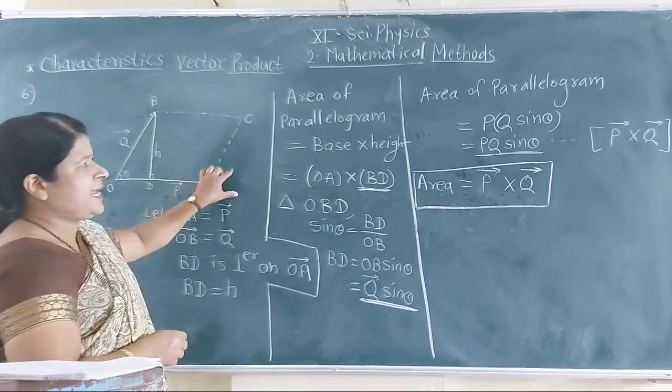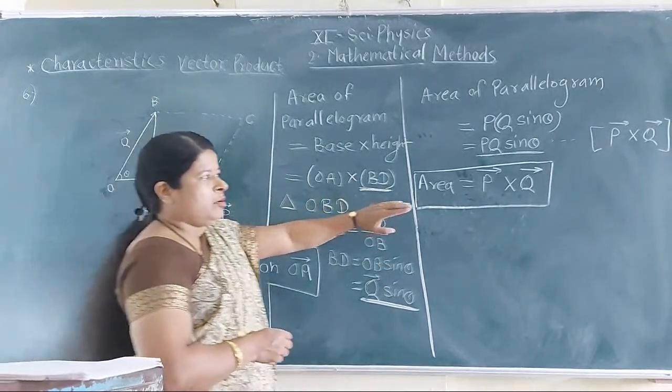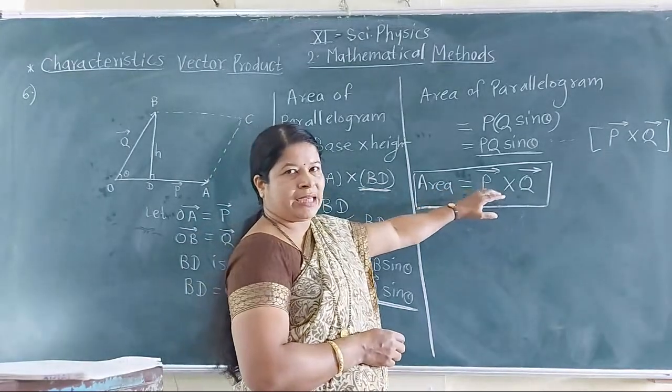So we proved the area of parallelogram is equal to the cross product between two vectors.